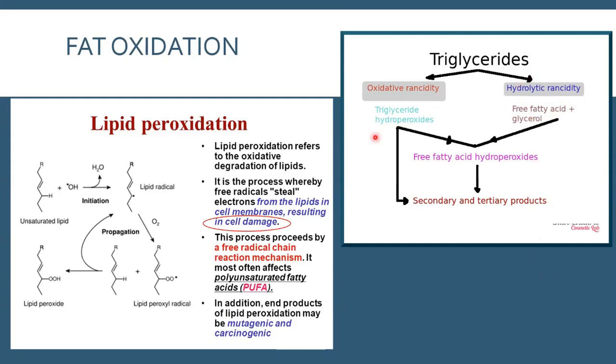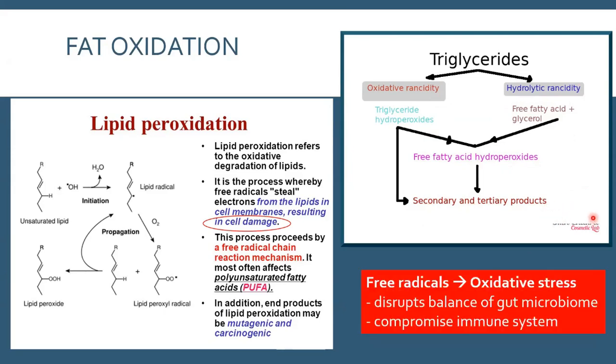This rancidity or oxidation would result in production of hydroperoxides, and these are the ones which damage and cause oxidative stress. When there's oxidative stress, it disrupts the balance of the gut microbiome, which will later compromise the immune system.